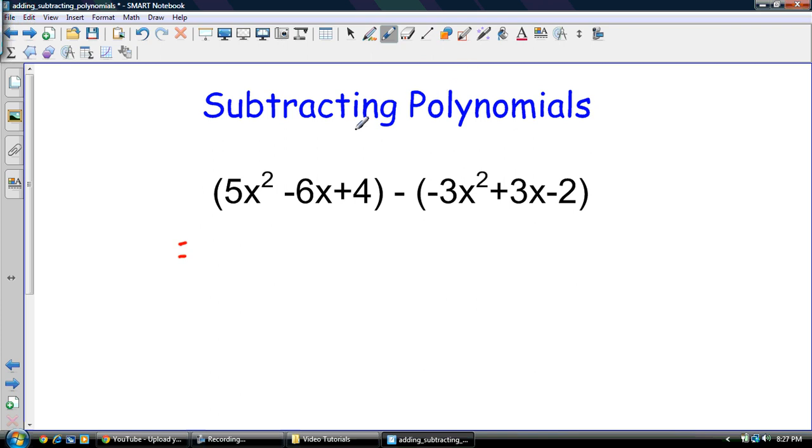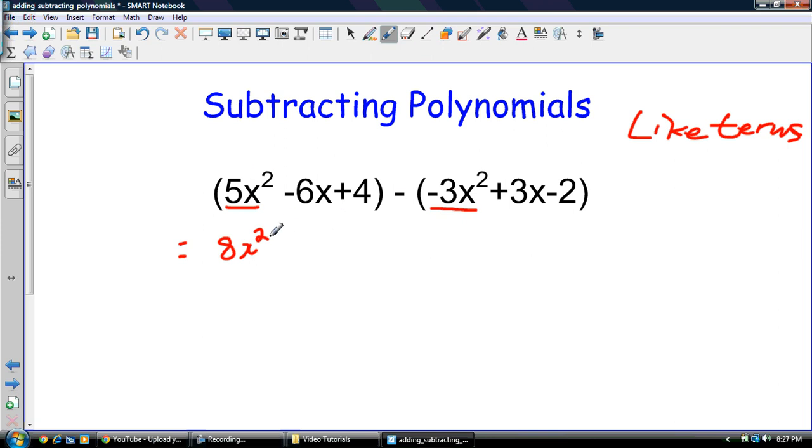So again, subtracting polynomials is about like terms. We're looking at my 5x squared and my negative 3x squared. So I've got 5x squared minus negative 3x squared. Minus a negative is the same thing as a plus, so this is going to be 8x squared.